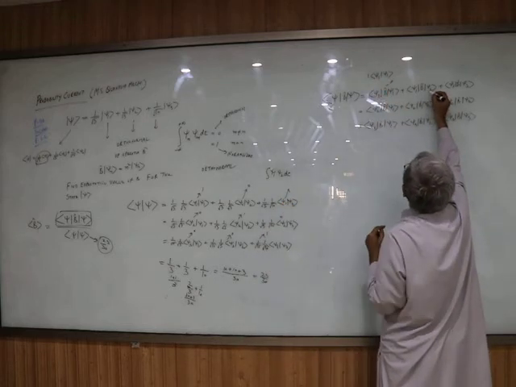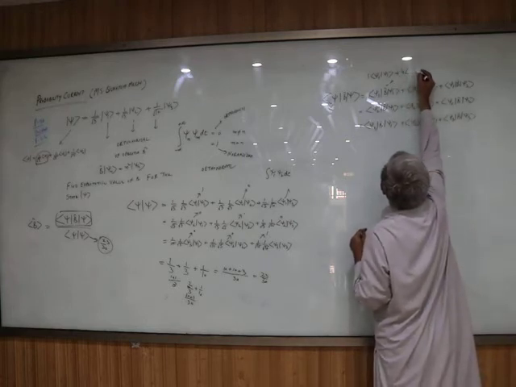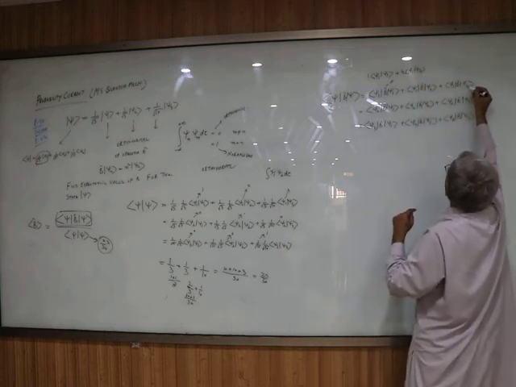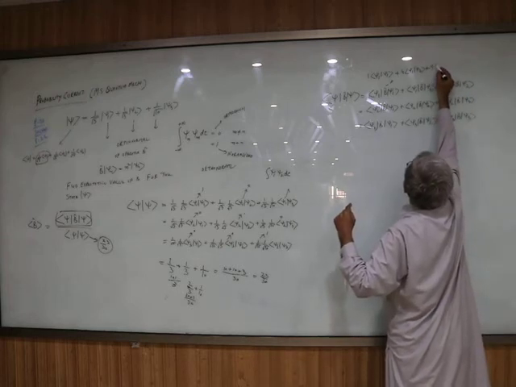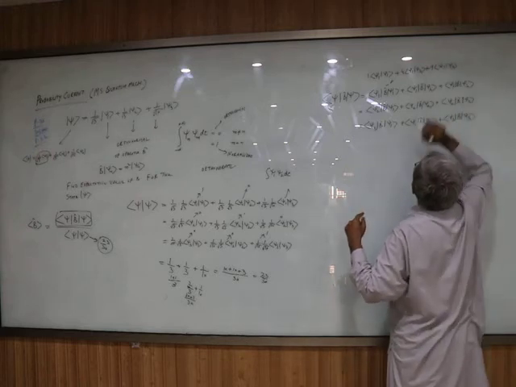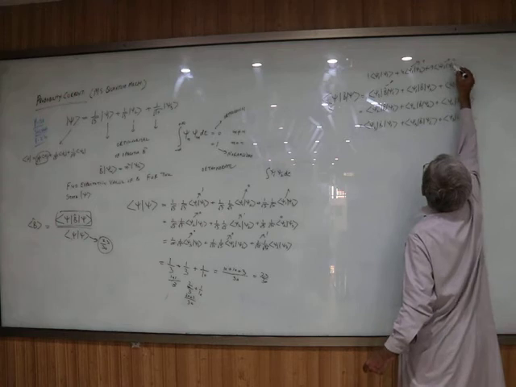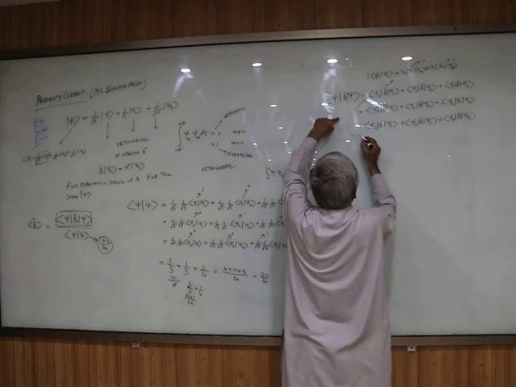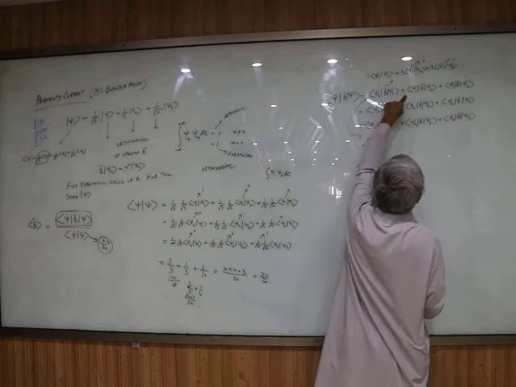You operate this on this one, you will get 4 psi 1 psi 2, and then for 3 it is n square plus 9, and you will be getting psi 1 psi 3. Look, this will be 0 by normalization, this will be 0 by normalization, and this will be 1. So from the first part you get 1, right?